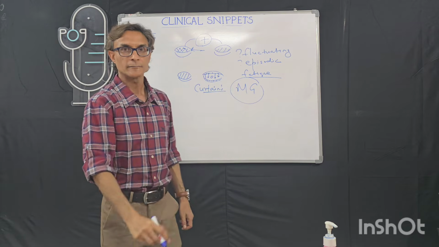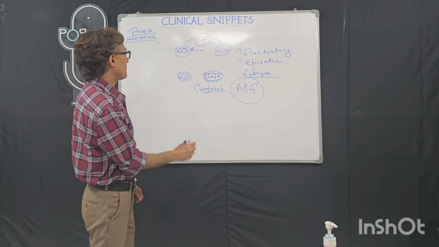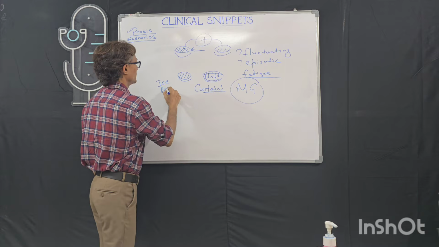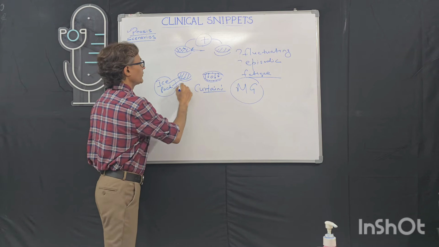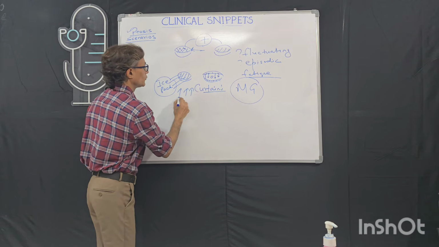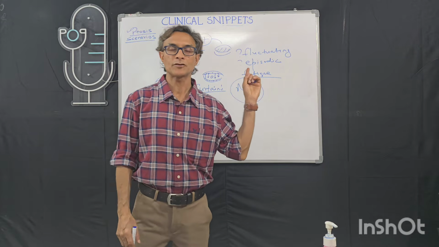Curtain sign. Second, what I can do is I will apply an ice pack test. If you apply the ice pack on the ptotic eye, the ptosis will improve. Again, a confirmatory test for myasthenic ptosis.